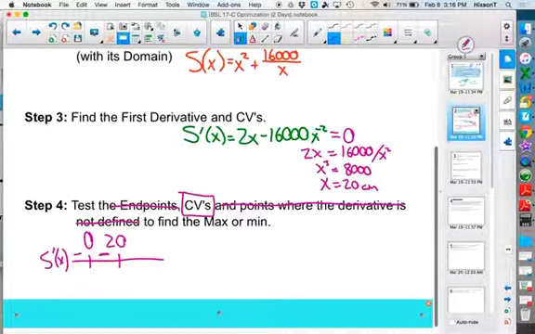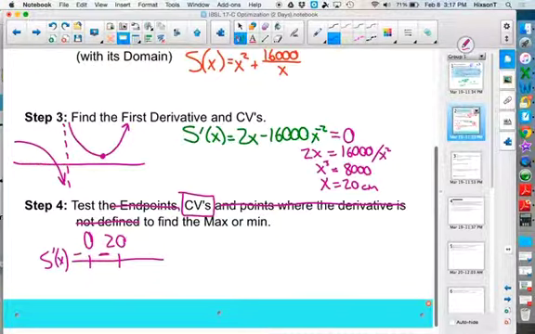But you will see that's because we have an asymptote approaching 0, and then it jumps and approaches here, and then at 20 it's actually going to end up being a min point. The reason why is because if I plugged in 21 or something else, I'm going to get a positive number. Let's say I plugged in 100. I'd have 200 minus 16,000 over 100 squared.